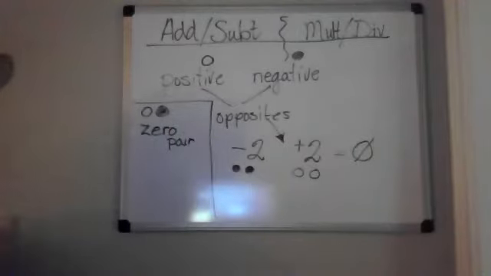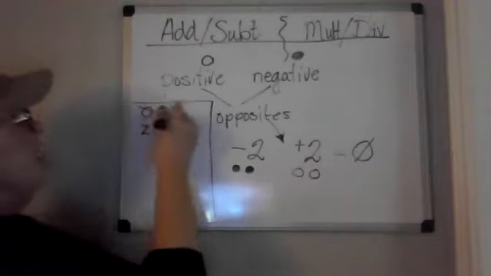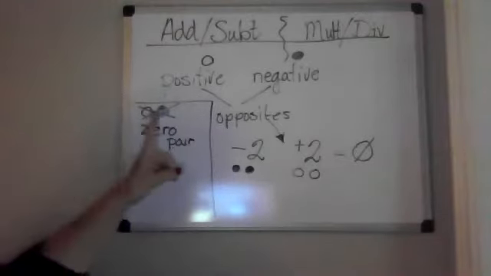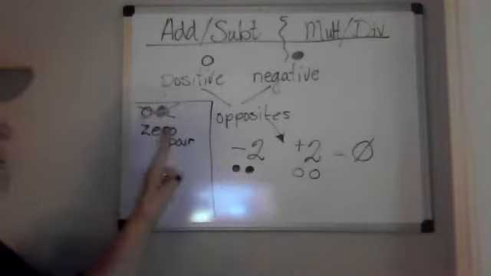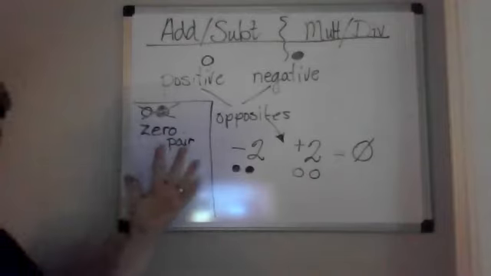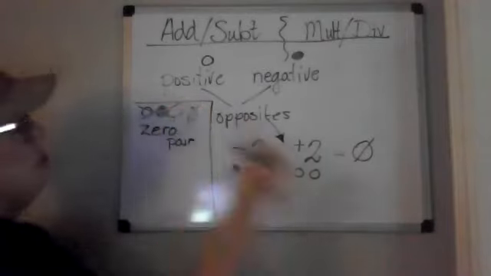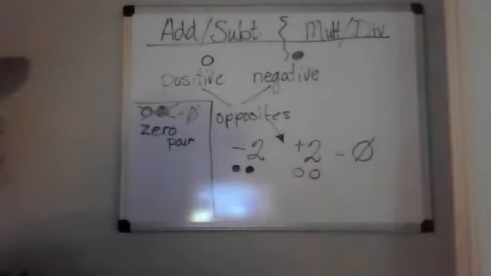A 0 pair means that they cancel each other out, one positive with a negative that matches. If I have those together, they create a 0 pair, which means that it's equal to 0, just like this, okay?